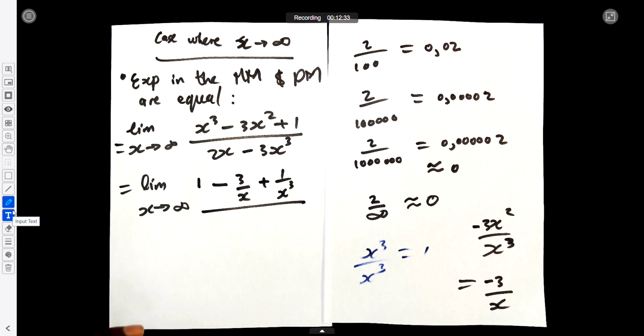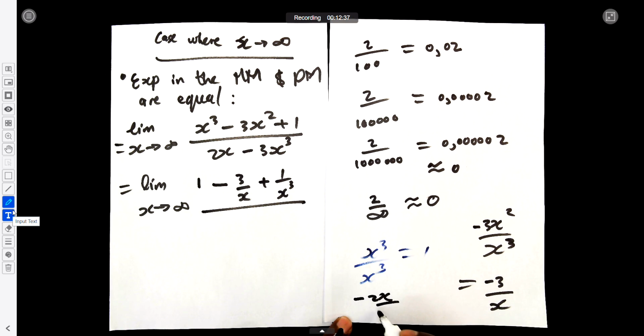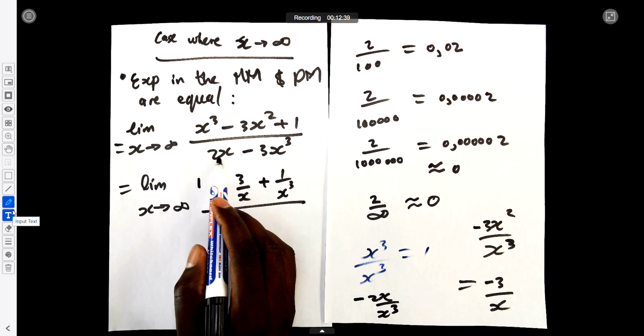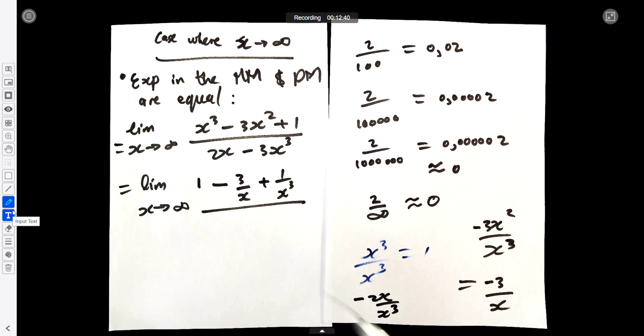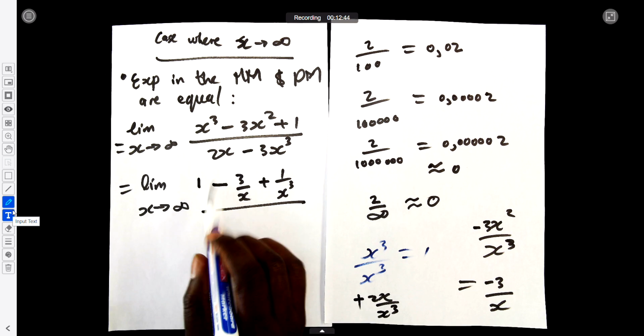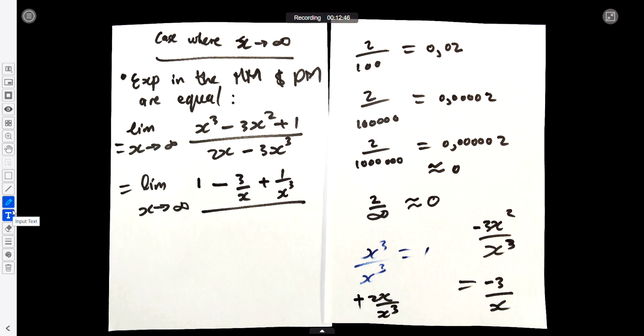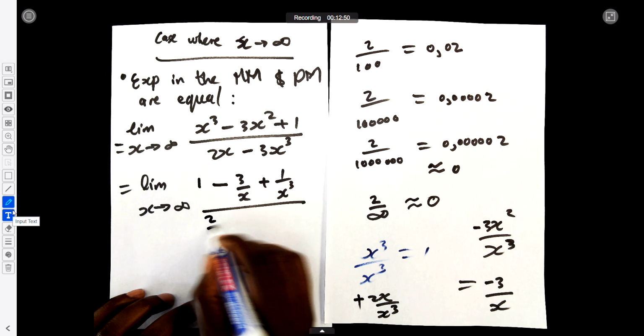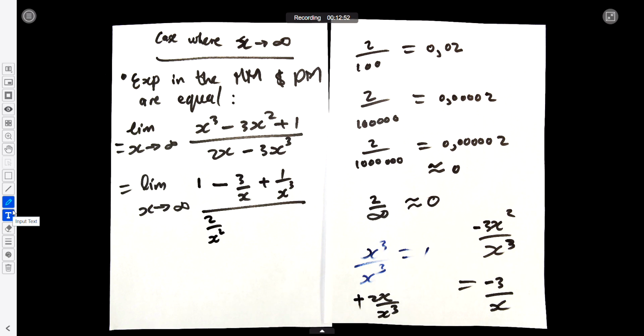We move on, we simplify the denominator. We do the same thing: 2x divided by x cubed. Because we said we divide by the highest factor that consists of the highest power, we'll have 2 over x squared.